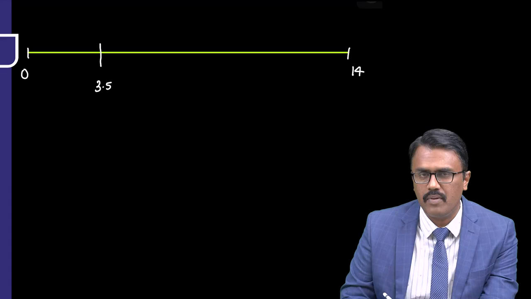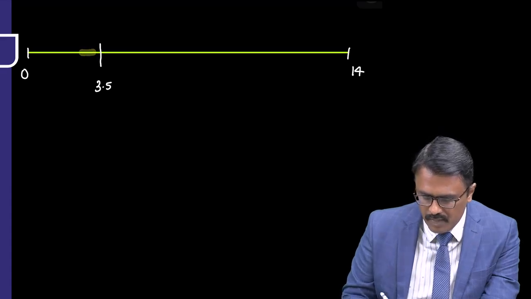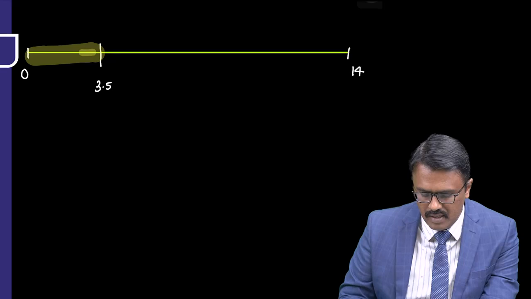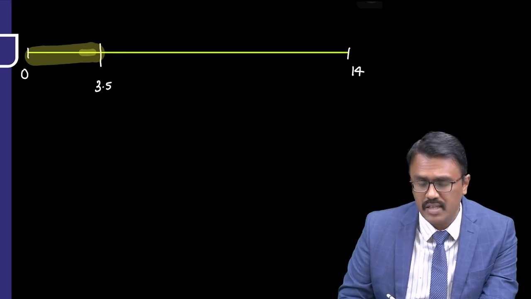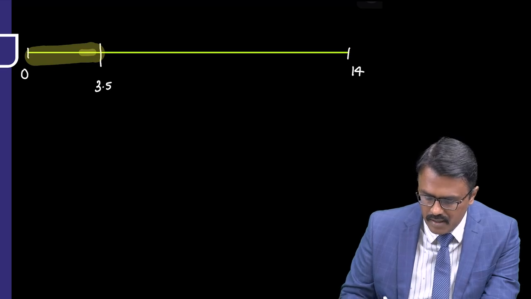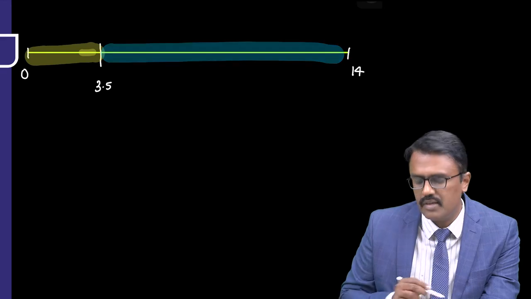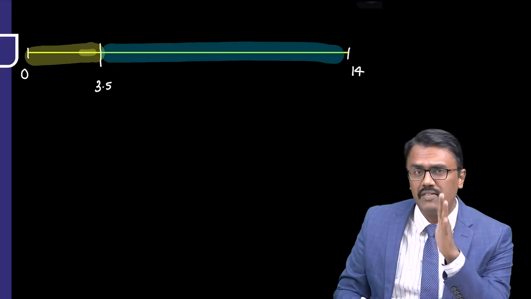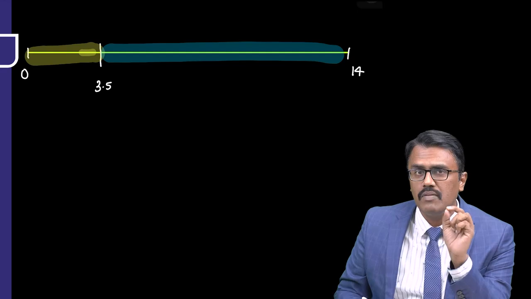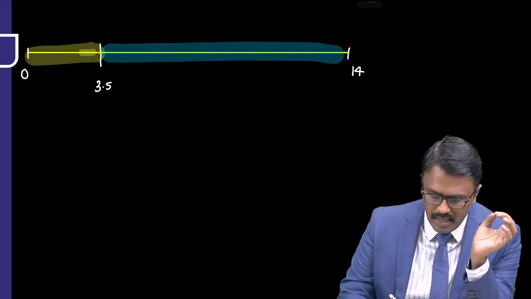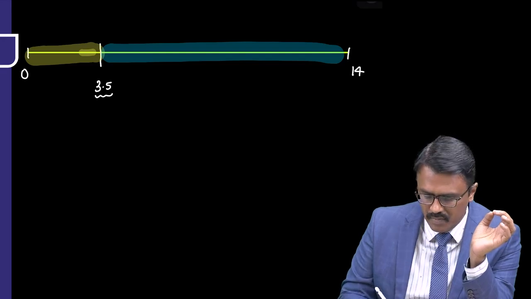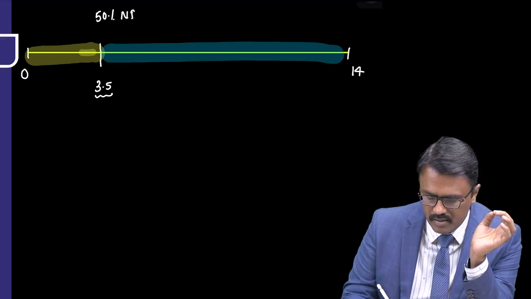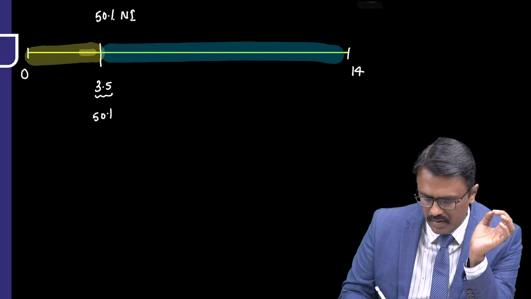Less than 3.5 becomes the acidic environment for the drug, and this part becomes the basic environment for the drug. 7 is the usual dividing point, but here 3.5 is the dividing point. So aspirin, if I keep it at a pH of 3.5, is 50% non-ionized and 50% ionized.